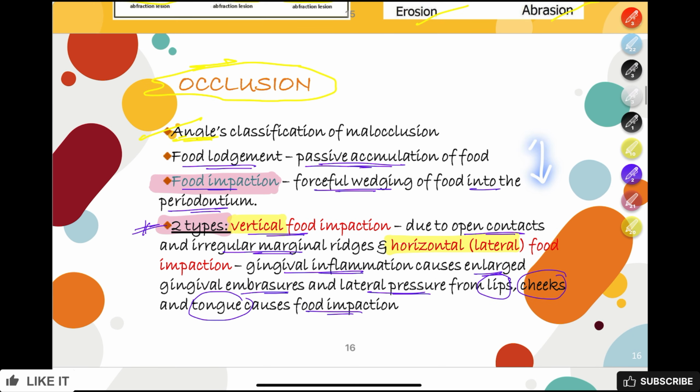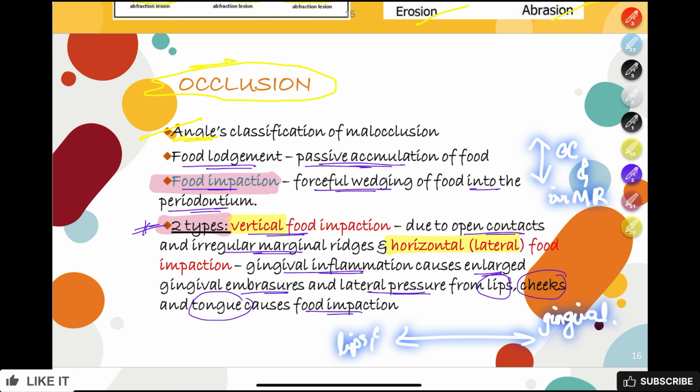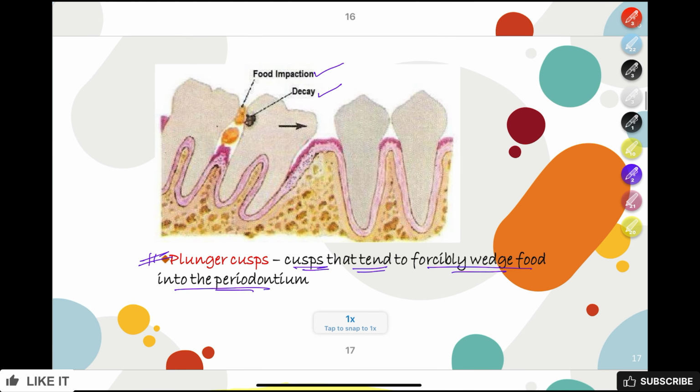So vertically it can be caused by open contacts or irregular marginal ridges, and horizontally by gingival inflammation, so the food gets impacted from lips, cheeks, and tongue. Clear? This is vertical and this is horizontal food impaction. Food impaction, as we can see, is causing the decay.